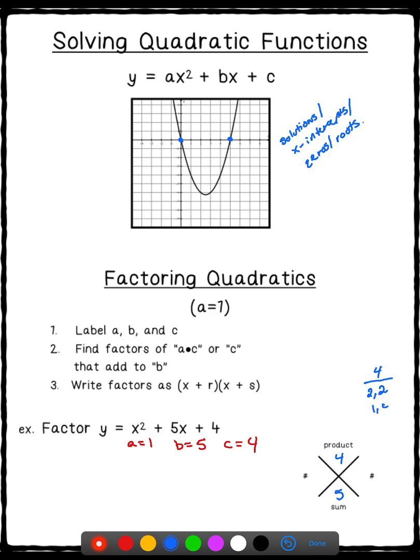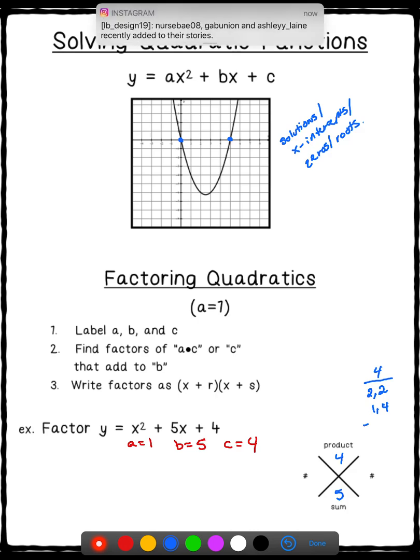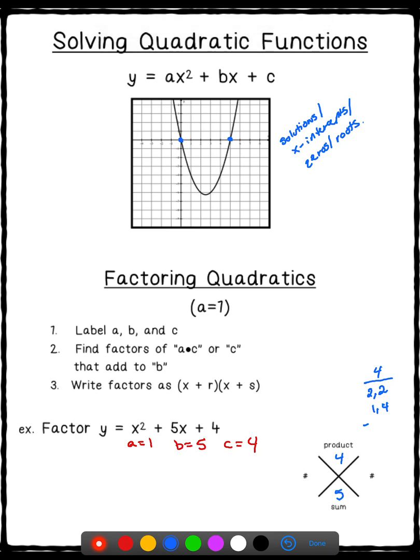1 times 4. And then we always want to consider the negatives just in case that suits us. In this situation, I don't think it will, but we always want to consider it. But the factors that are going to give us a sum of 5 are 1 and 4.